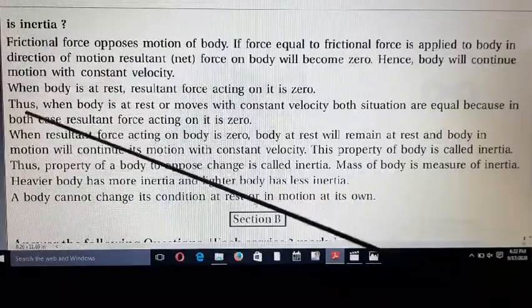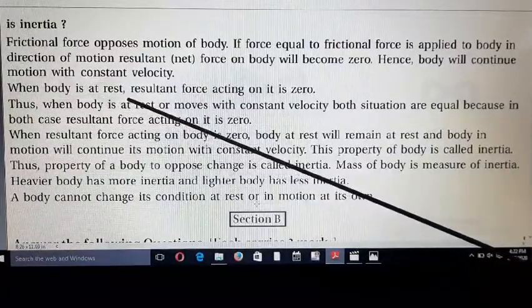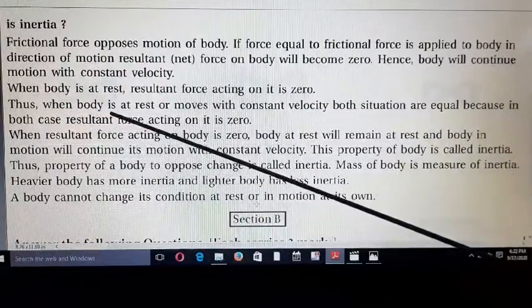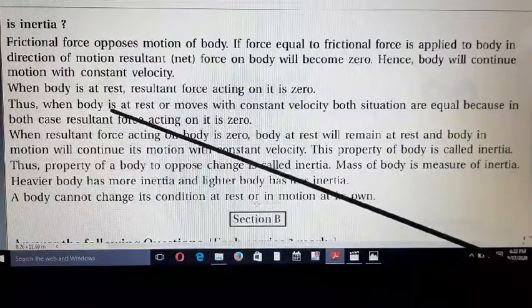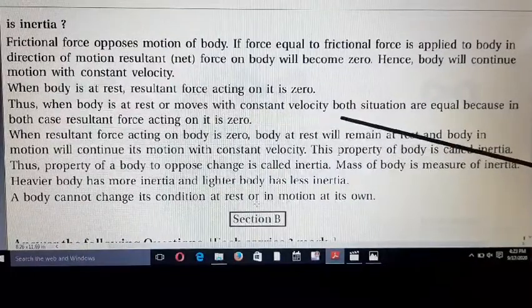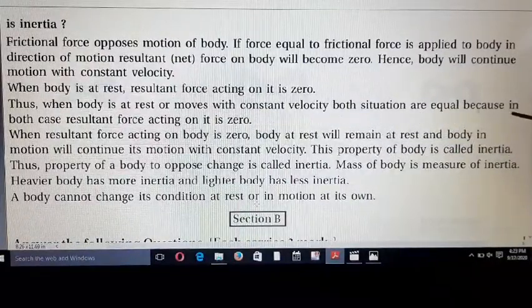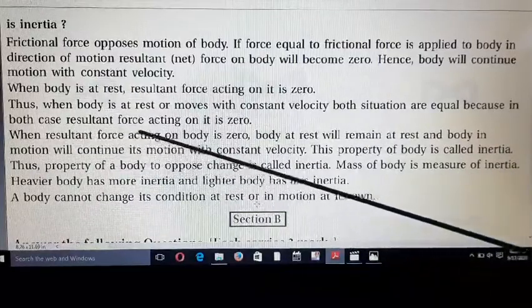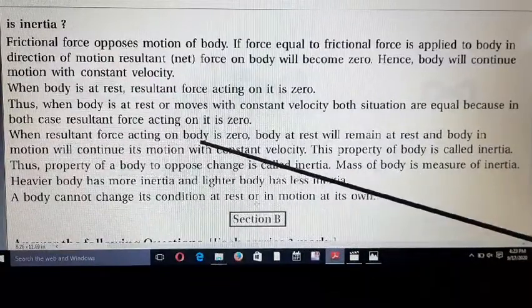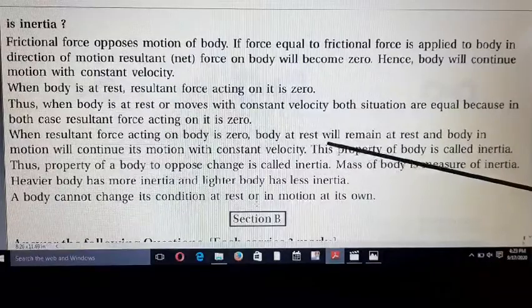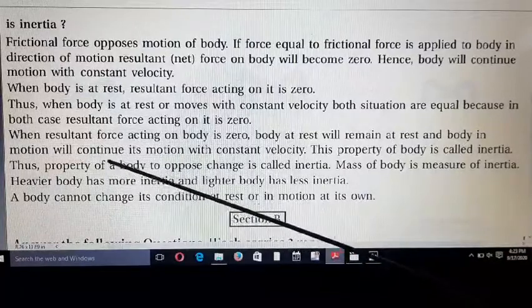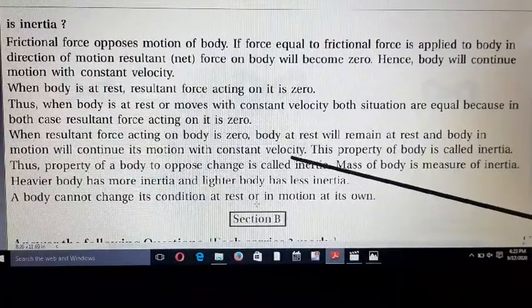Look here. When the body is at rest, the resultant force acting on it is zero. Thus, when a body is at rest or moves with constant velocity, both situations are equal because in both cases the resultant force acting on it is zero. When the resultant force acting on a body is zero, a body at rest will remain at rest and a body in motion will continue its motion with constant velocity.